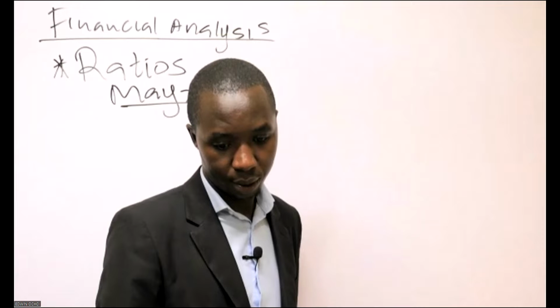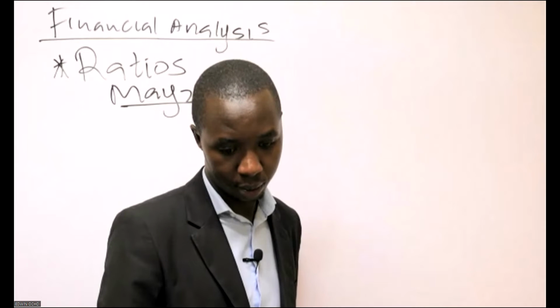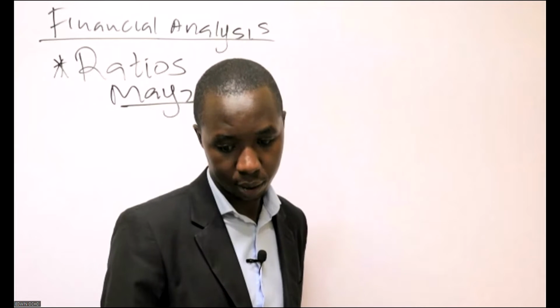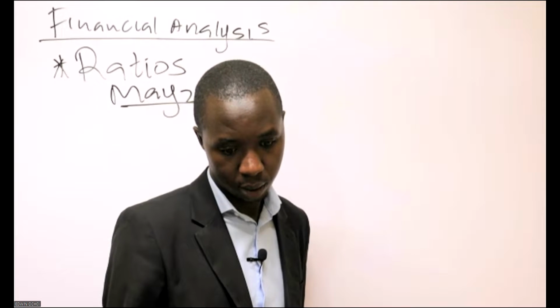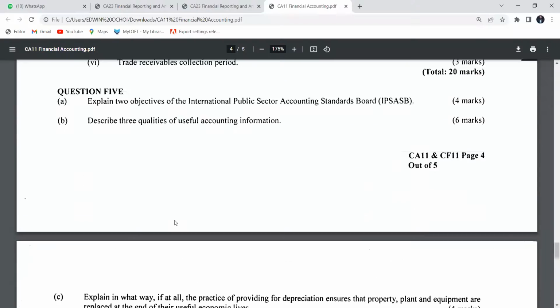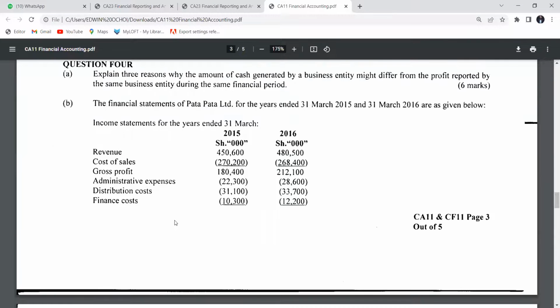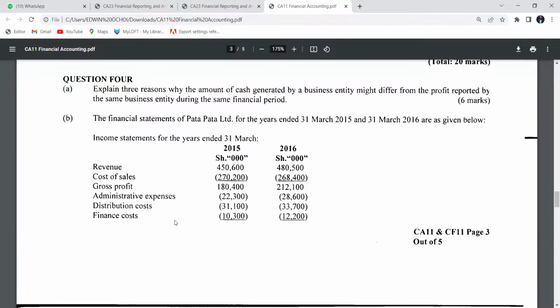So for the May 2016, so this is the relevant question of ratios. So yeah, this is the relevant question. Question 4, May 2016, question 4. Remember, I'm talking about financial accounting. So I'm picking this from financial accounting.